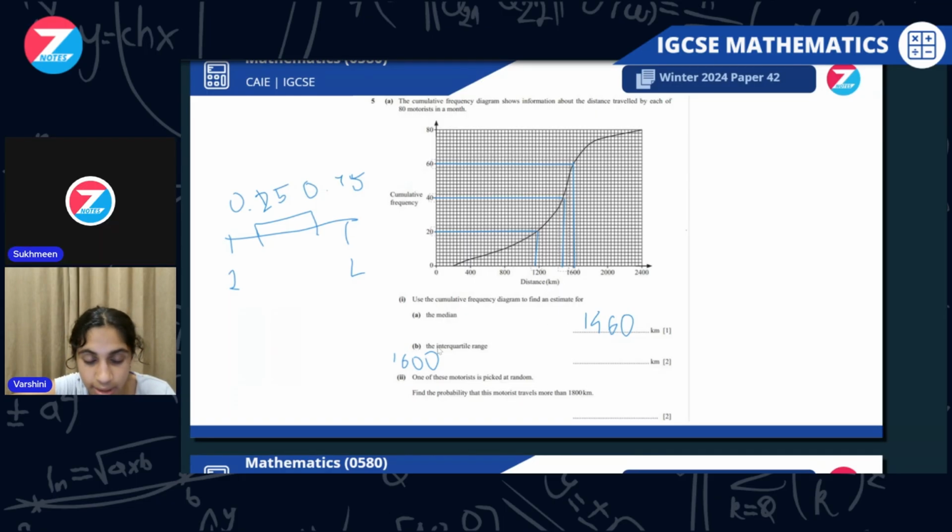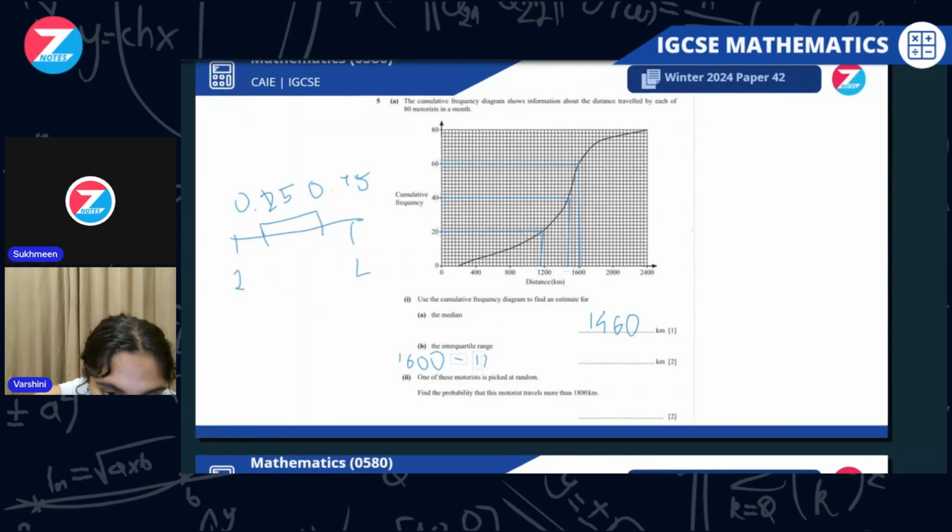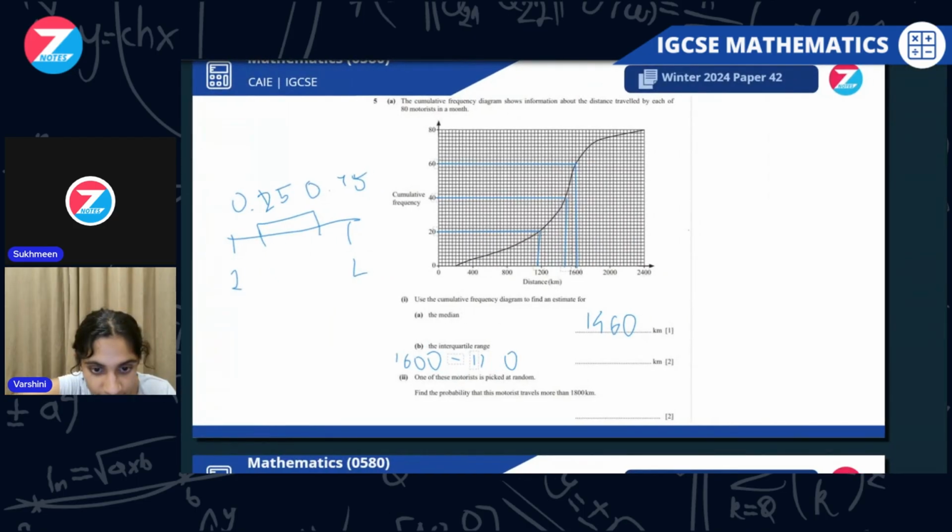So now to find the interquartile range, we have to do 1600 minus 1160, and you can just put that in your calculator, and you'll get 440, which is our answer.